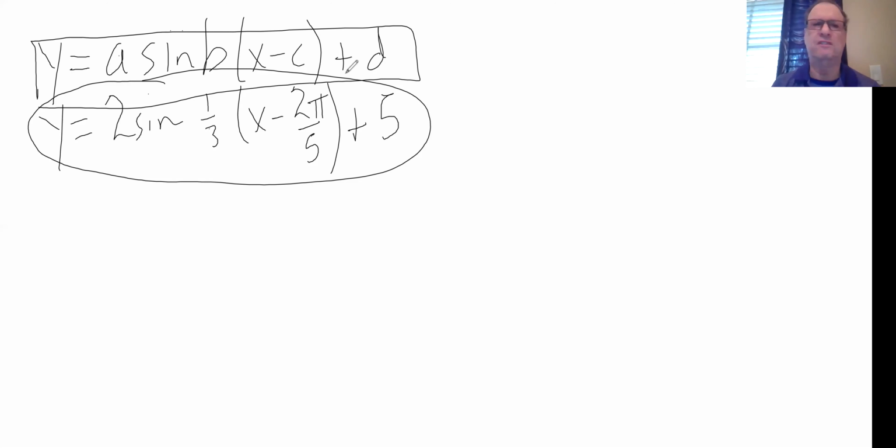Now, the beauty of this is that once you become a graphing sine expert, in essence, you become a graphing cosine expert because they're done exactly the same way. The only difference is the acronym, which is just the shape of the graph.